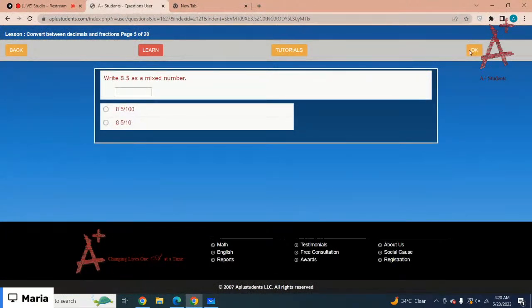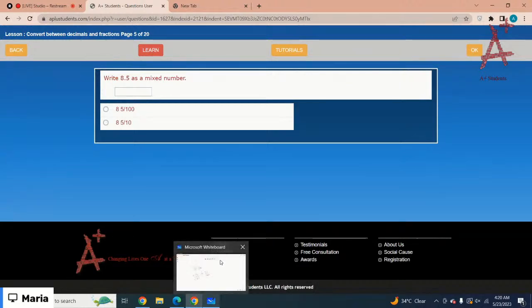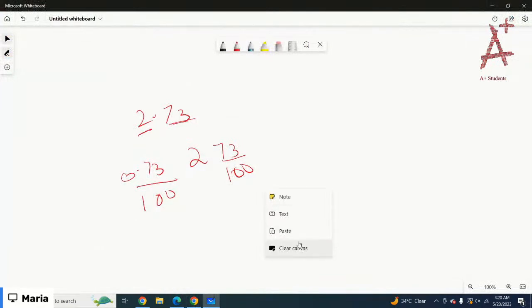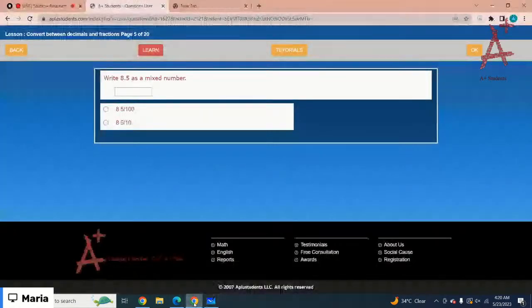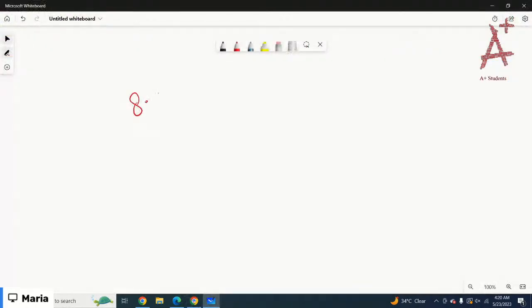Okay, the next one is 8.5. You have to write the answer in the mixed form. 8.5. 8 is the whole number, and you have to write 0.5. So you have 1 for the decimal point, and you have one digit, so it would be 10.